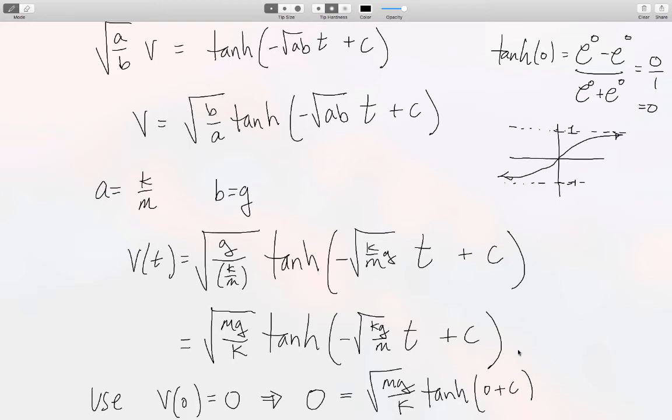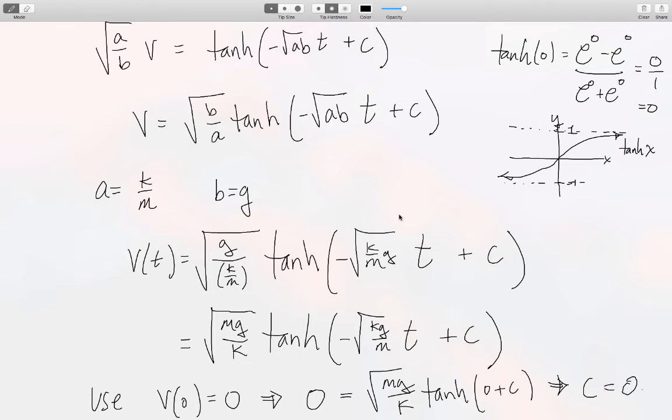So the only value that's going to give you 0 is 0. So it's that fact that tells me that c is 0. Right, this is the graph of the tangent hyperbolic. So if you just graph that by itself. Alright, so now I got the constant.